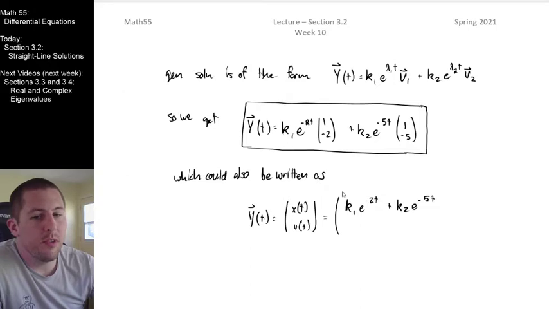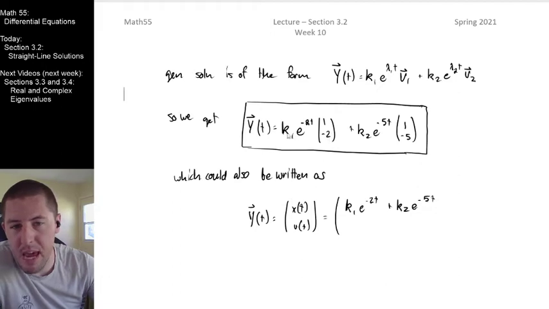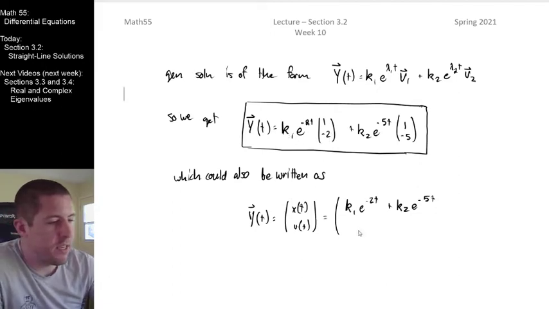Now, what was the relationship that we said x and v had with one another? We defined this whole system by saying the derivative of x is equal to v. So what are we going to get? We better get the derivative of what we just wrote, down here, and we will. Negative 2 times k1 times e to the negative 2t is negative 2 k1 e to the negative 2t.